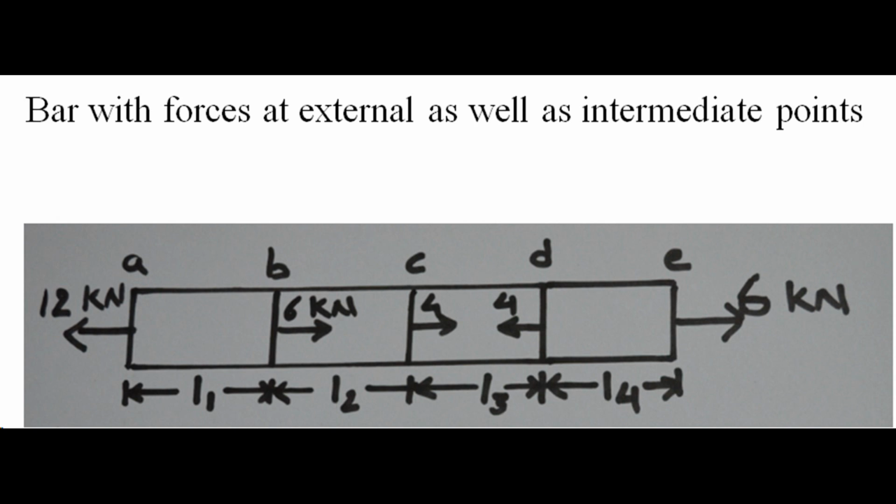The length of section AB is L1, section BC is L2, section CD is L3 and section DE is L4. We are taking this example to find the resulting strain.